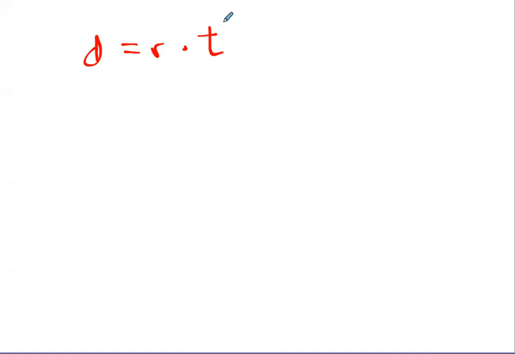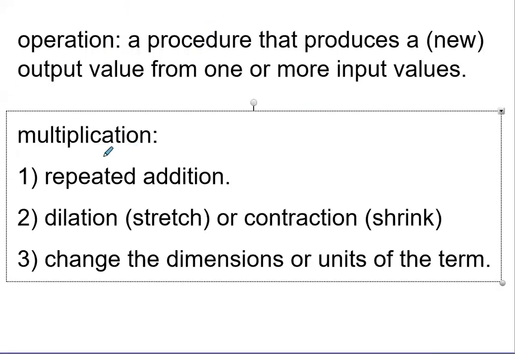We're converting from hours into miles. How? By multiplying by this rate, this miles per hour rate. So we're going to do a lot of unit conversions. We're going to do a lot of stuff with fractions. But for now, the big idea is that multiplication is the operation we use to change dimensions or units within a term.